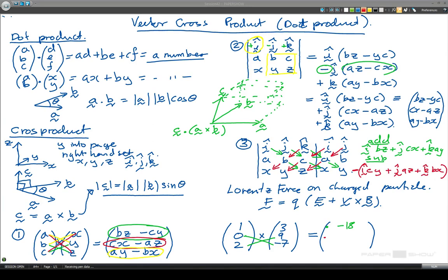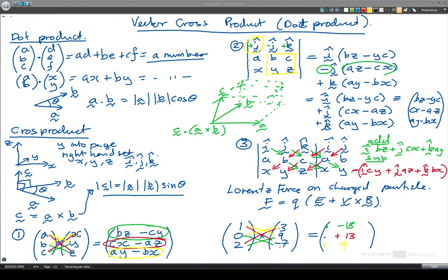For the next line, we're going to do 2 times 3 is 6, minus 1 times minus 7, so that's plus 7, 6 plus 7, so that's plus 13. We draw the lines in there for that calculation that we did. And finally, let's take the yellow color, and for this one here, we're going to do 1 times 9 minus 0 times 3, so that's 9.